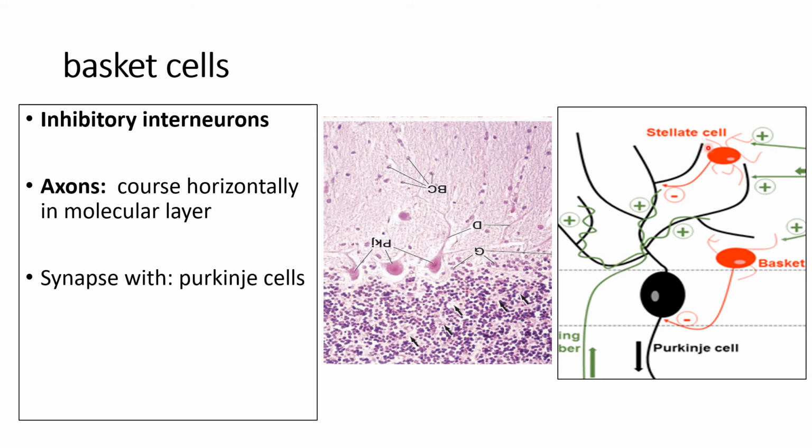So the stellate cells synapse with the Purkinje cells, and the basket cells synapse with the Purkinje cells. They have an inhibitory effect on the Purkinje cells, while direct stimulation is from the climbing fibers.